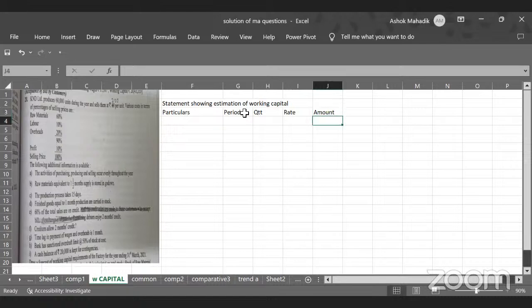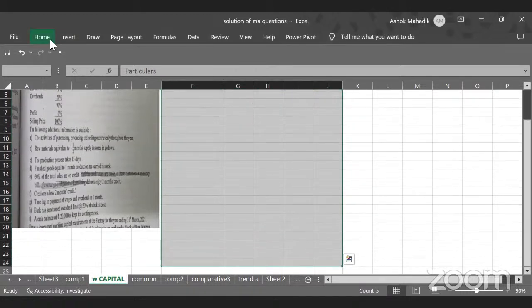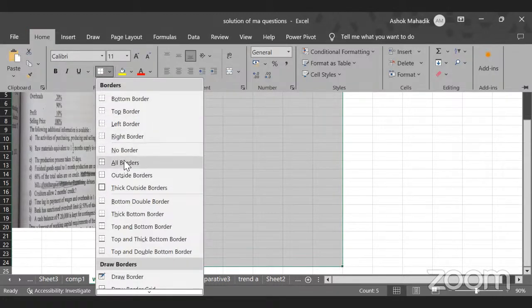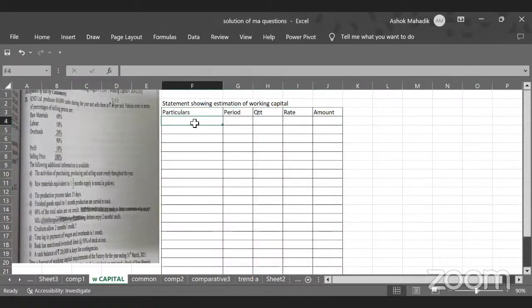This is the format we have to follow to solve this sum. In the format, we need to accommodate all the current assets and current liabilities items. So we'll start with current assets first.